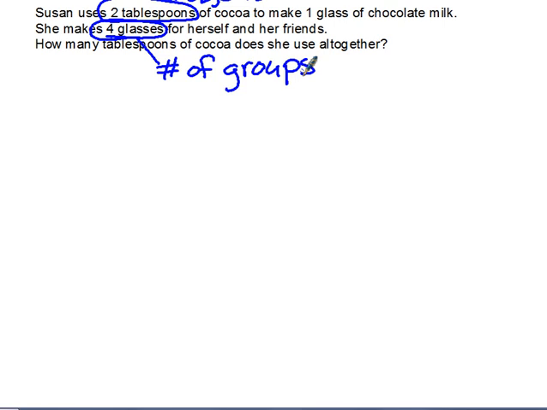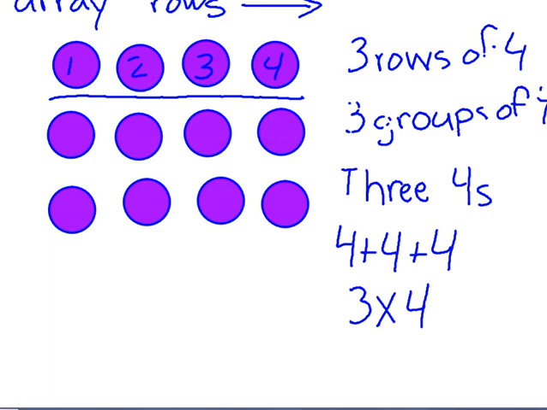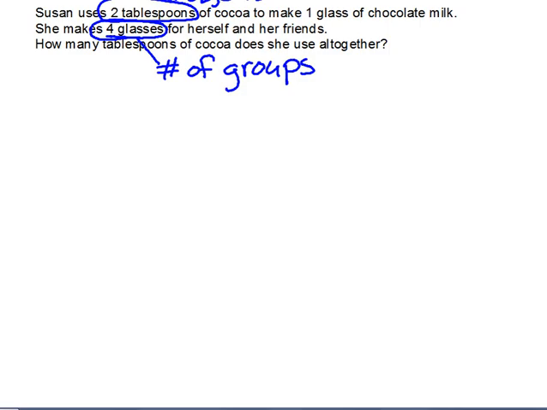So if we go back to the last page and we think about it for a minute, groups here were also known as our rows. So that means that we need 4 rows to solve this problem.